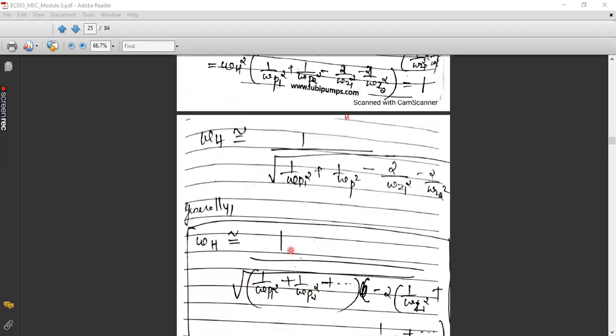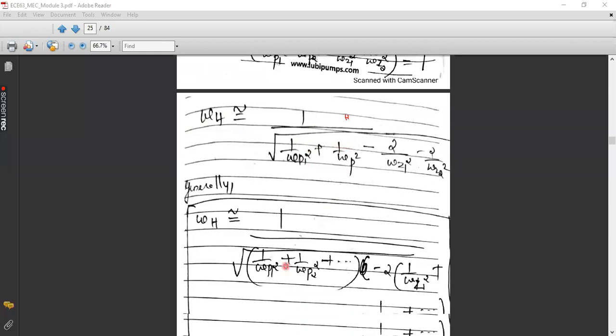And in a general way, you can rewrite this equation. General way means assume that there are n number of poles and n number of zeros. As of now, for our convenience, we have considered 2 zeros and 2 poles in our system. Maybe your amplifier is a little bit complicated in terms of hardware. Maybe multiple stages will be there. So in that case, you have to incorporate n number of poles and n number of zeros.